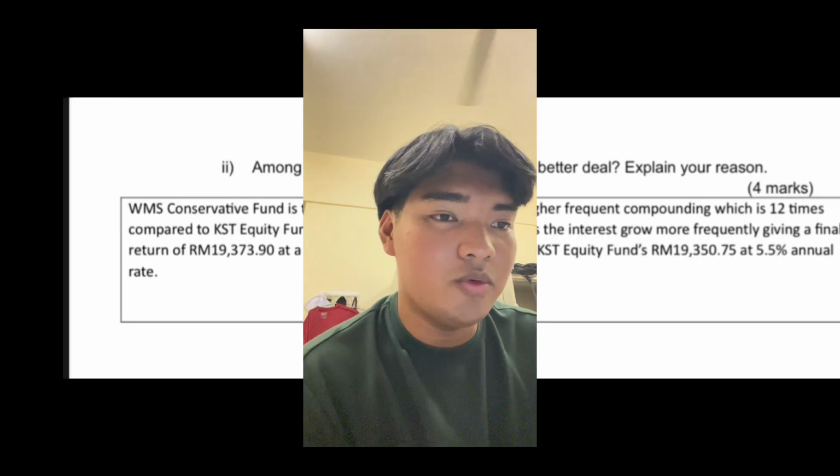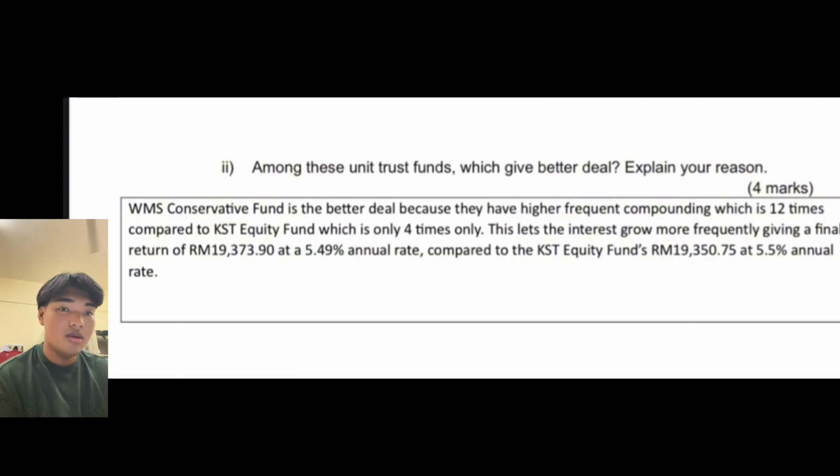For number 2B, my reason is WMS conservative fund is the better deal because it has a higher compounding frequency, which is 12 times, compared to KST equity fund, which is only 4 times.